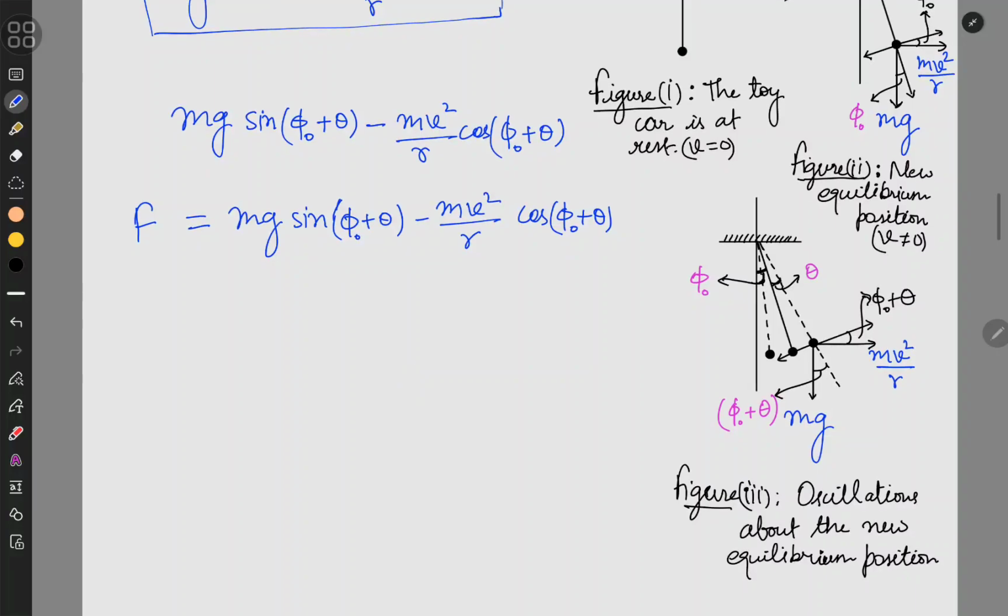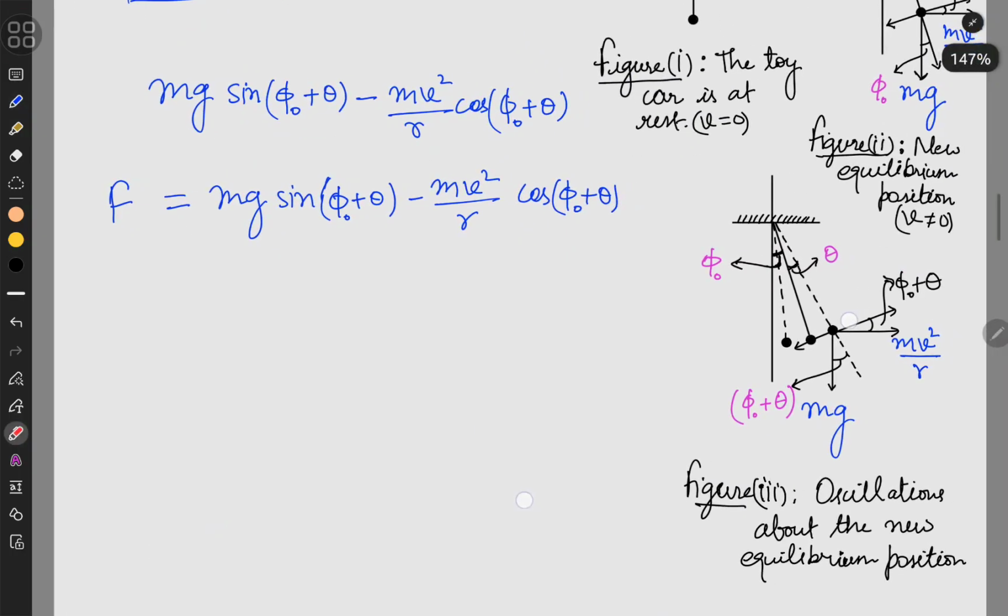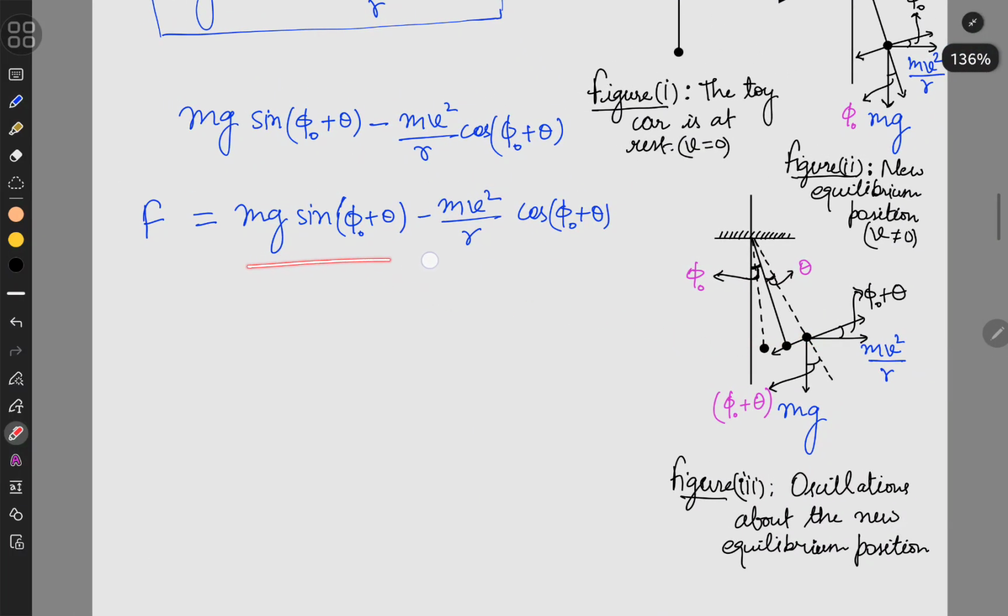So this force will make a torque act on this bob. This is the net force that is acting in this direction, and it will try to bring it back by applying a torque about this point, and the length of this pendulum is given to be L.